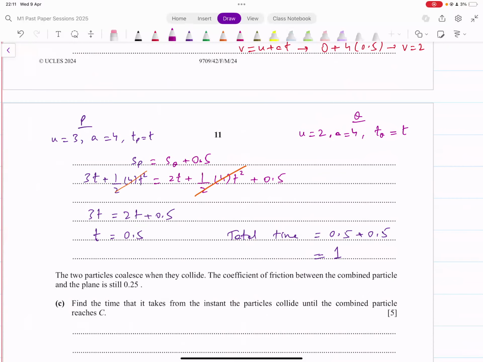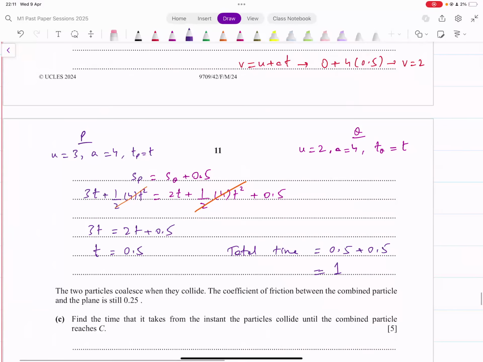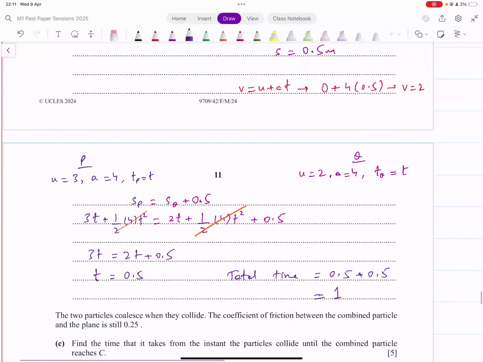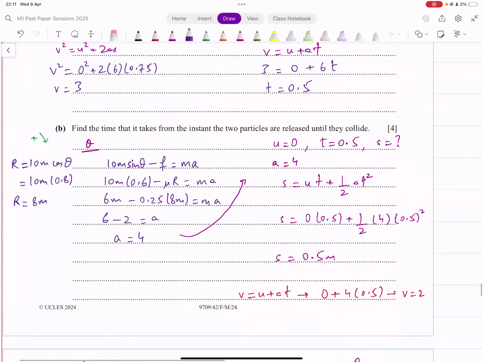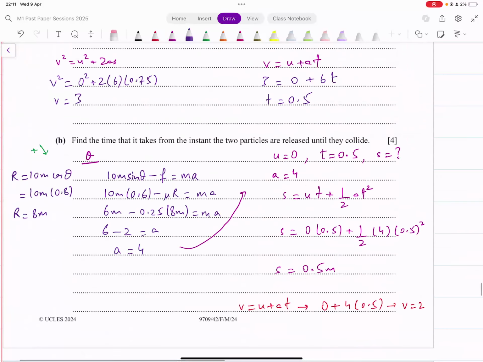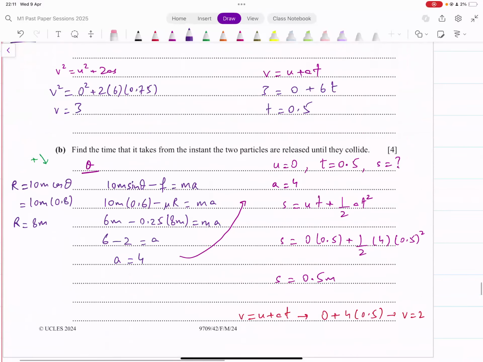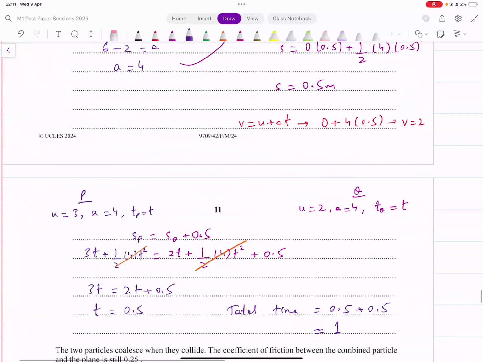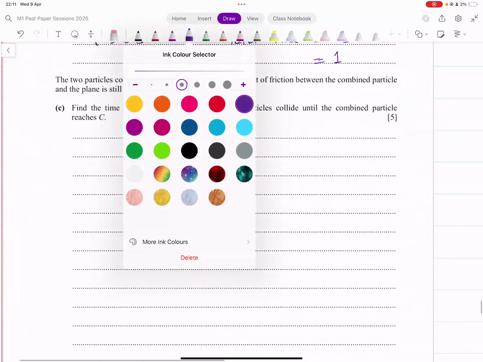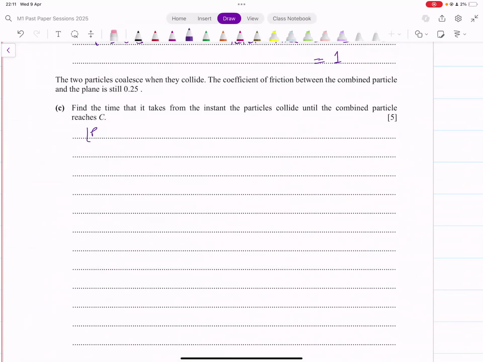How do you find velocities before collision? We don't have the velocities of Q and P. We'll have to find the velocity of P and the velocity of Q. Let's find those final velocities for P and Q, for both of them.